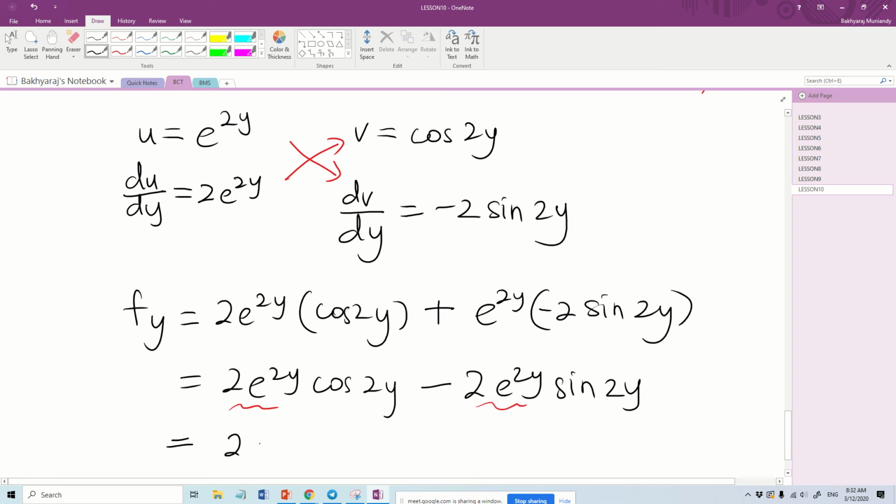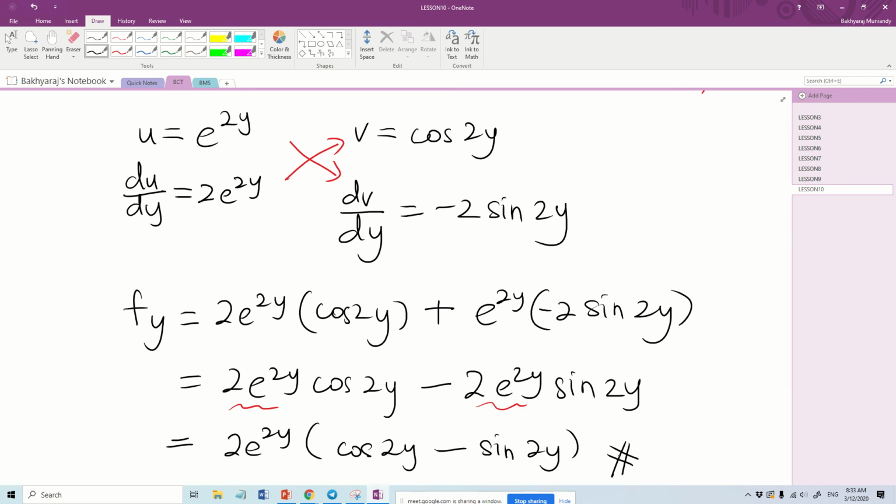So 2 exponent 2y times cos 2y minus sin 2y. Yes, correct. Thank you. Okay, 2 exponent 2y times cos 2y minus sin 2y.